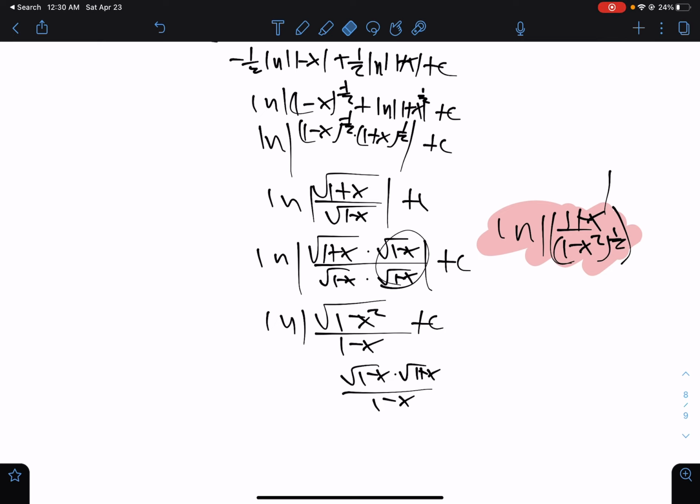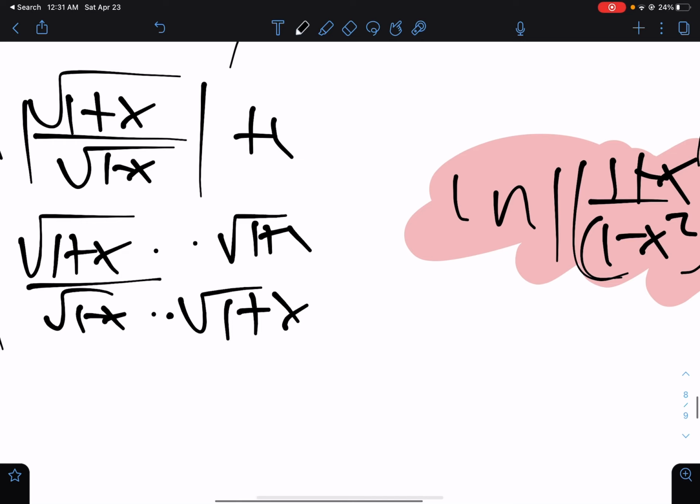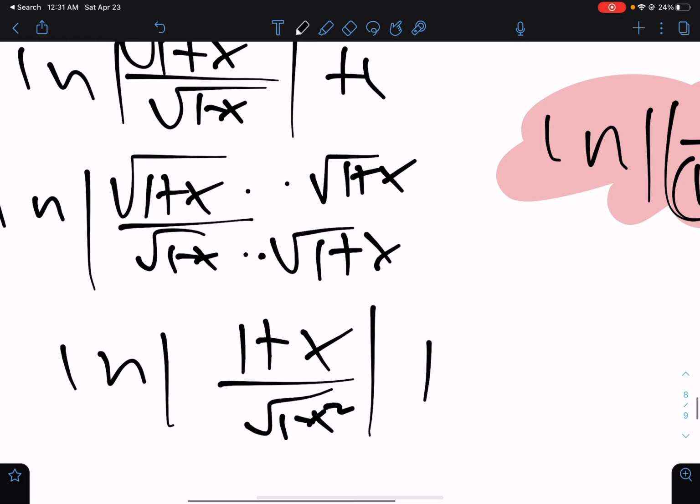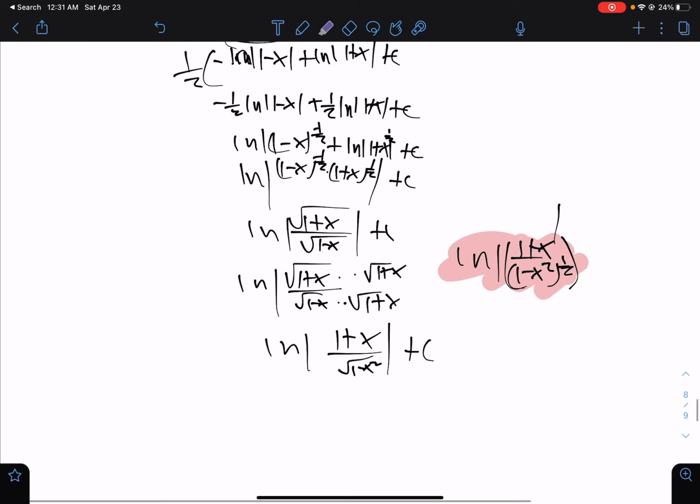Okay, maybe it would be best to instead multiply by the square root of 1 plus x. I think we'll simply do it, sorry, I should have probably brought it down first to show how they're equivalent. So this would be 1 plus x and the square root of 1 minus x squared. Yep, so as you see, same answer.